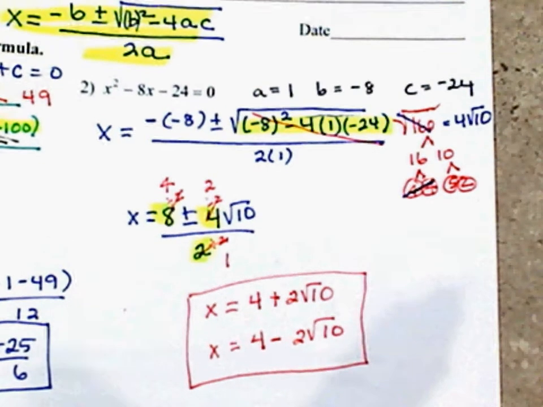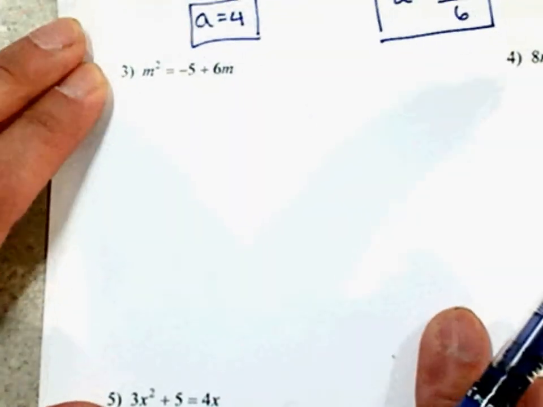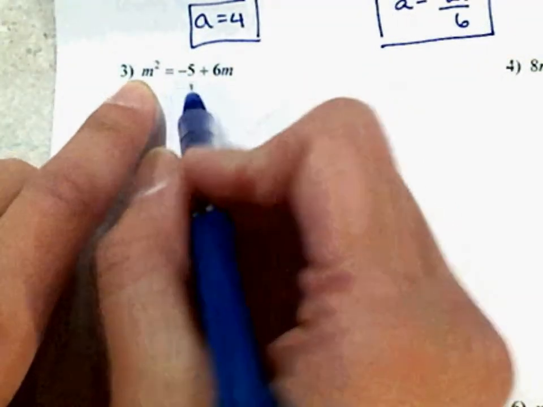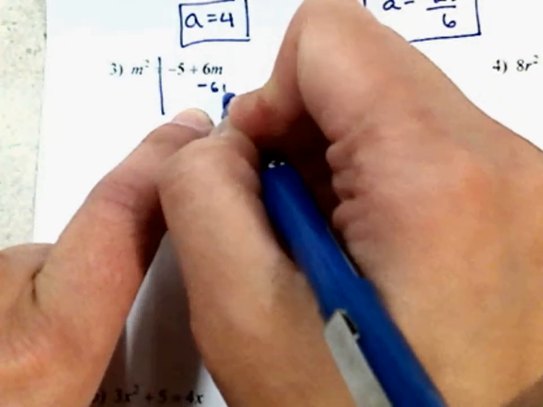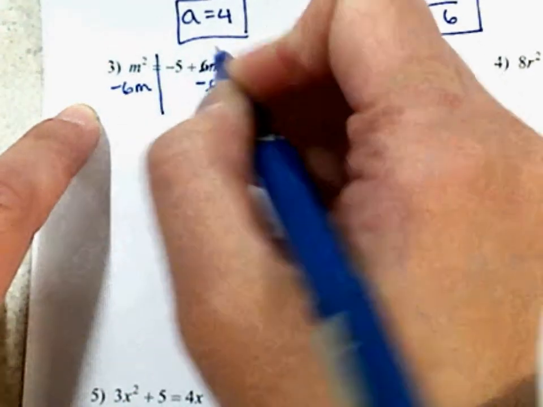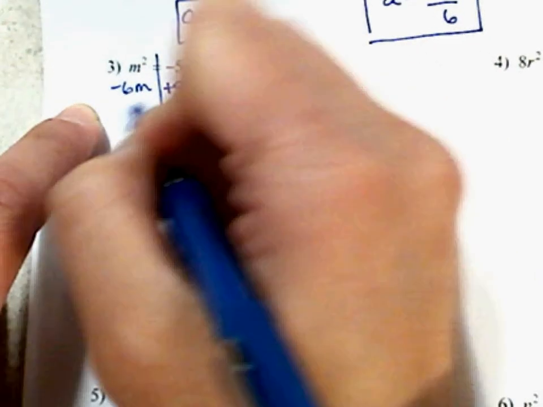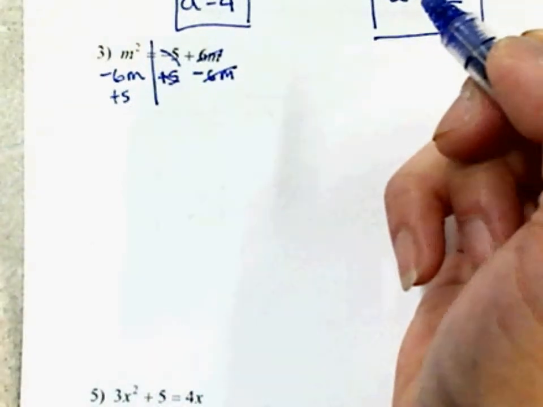Number 3. Now, if you look at number 3, you notice how it's not in order? You've got to move some stuff around. So minus 6m, what you do to one side, you do to the other. Opposite of negative 5 is positive 5. Now I'm going to rewrite.